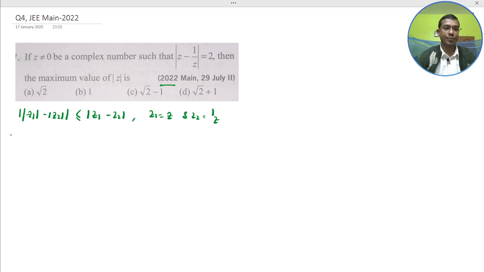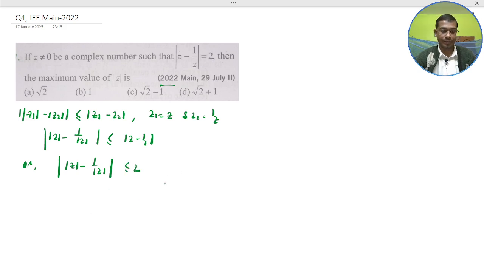So just put it: mod of (mod z minus 1 by mod z) is less than or equal to mod of z minus 1 by z, which is 2. For simple calculation, let mod z be t. So mod of (t minus 1 by t) is less than or equal to 2, or mod of (t square minus 1) is less than or equal to 2 mod t.